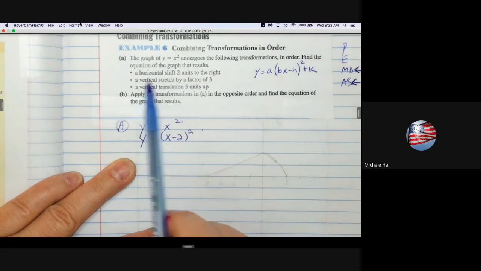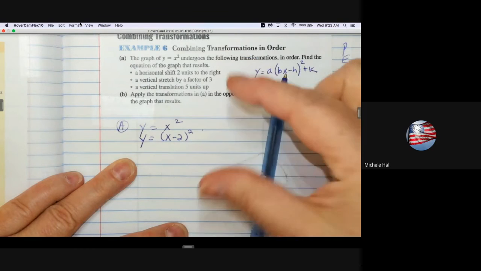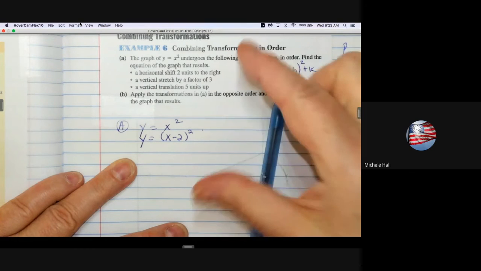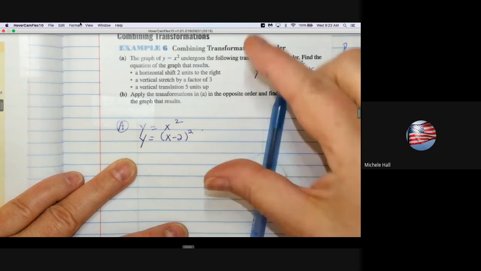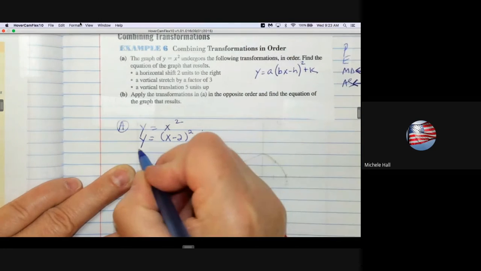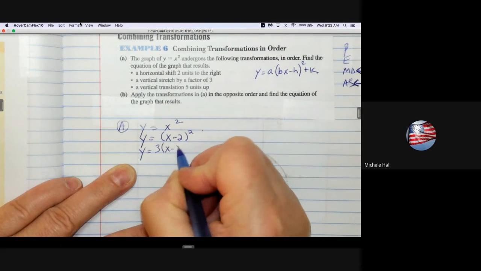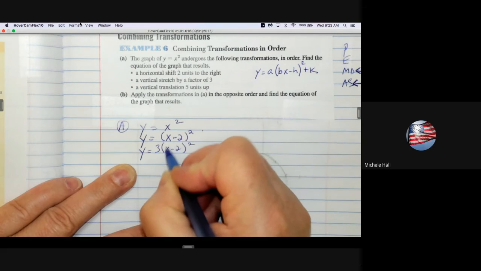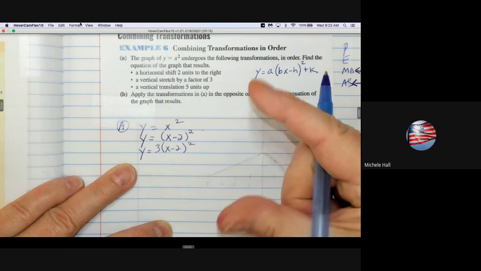And now a vertical stretch. Vertical stretch. That's on the y. That means the entire function. You're not multiplying to the x. You're multiplying to y, the entire function. That means I'd have it out front here to the whole function. Not just multiplying to the x. It's multiplying to the entire function. That would be multiplying to the y.